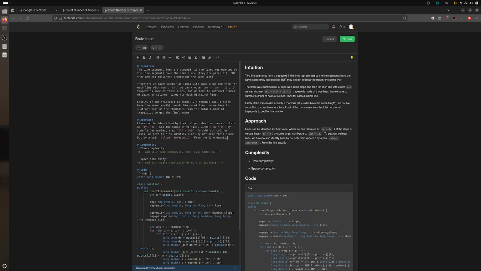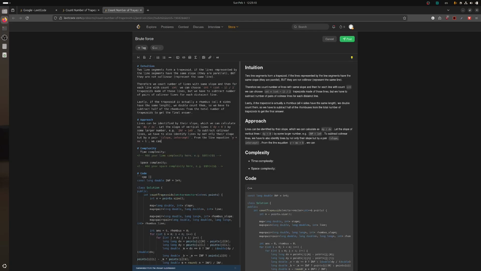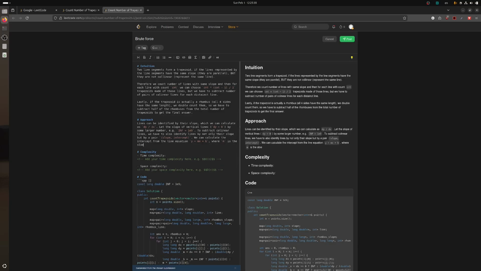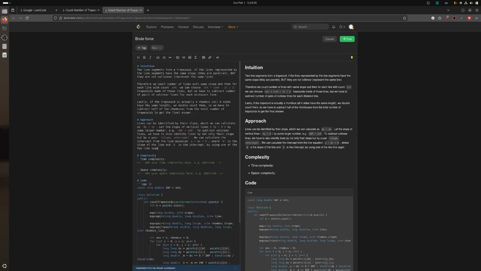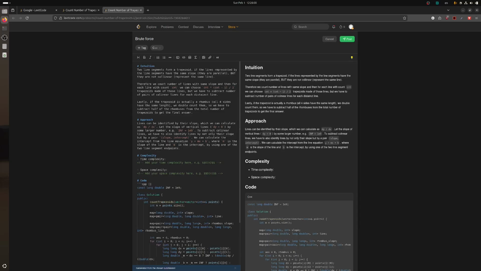From the line equation y equals mx plus b, we can calculate the intercept, where m is the slope of the line and b is the intercept, by using one of the two line segment endpoints. b is y minus m times x.